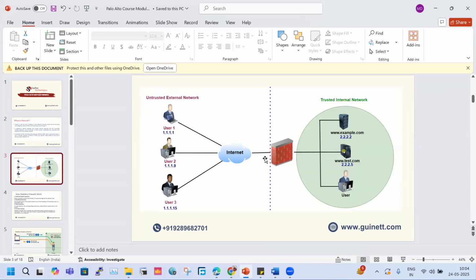It is creating a barrier between the trusted and untrusted network. In the untrusted network, we have multiple hackers and crackers available. So to protect our internal hosts or trusted network from the hackers or the outside world, we have a first level of defense that is known as a firewall, right?